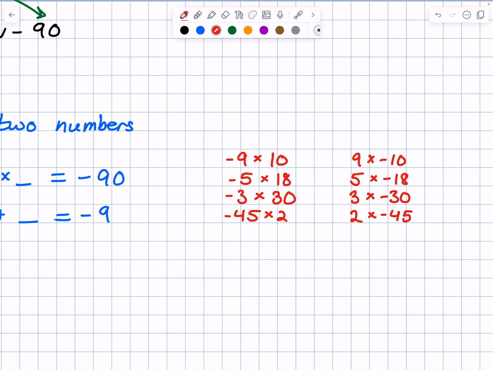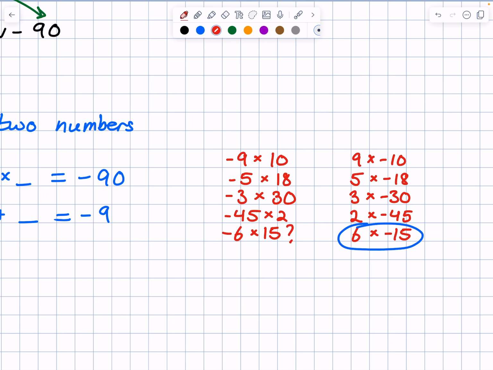What about 6 times 15? Well, make one of them negative. Aha, I think I found it. 6 and 15, if you add these together, you do in fact get negative 9. Negative 6 plus 15 will give you positive 9. It's these 2 that will give you negative 9.